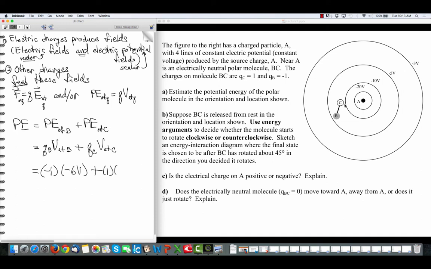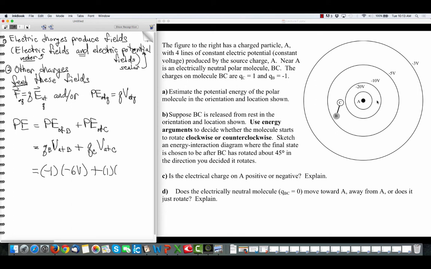Yeah, maybe -8. I mean, it's changing as you get closer and closer. You can see that it changes faster and faster. So the difference between 3 and 5, this is a 2 volt difference, and then at a smaller difference in distance there's a 5 volt difference, and then there's a 10 volt difference at an even smaller distance.